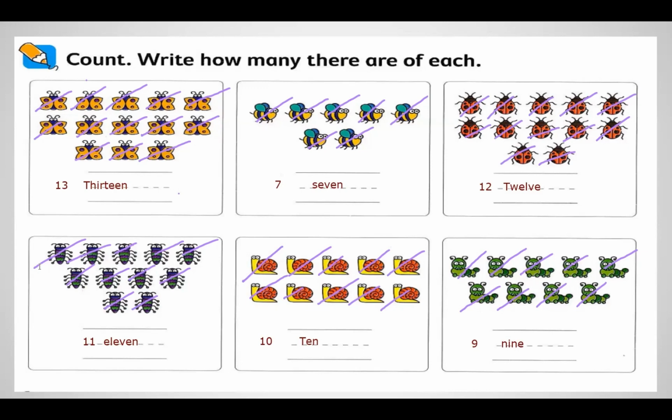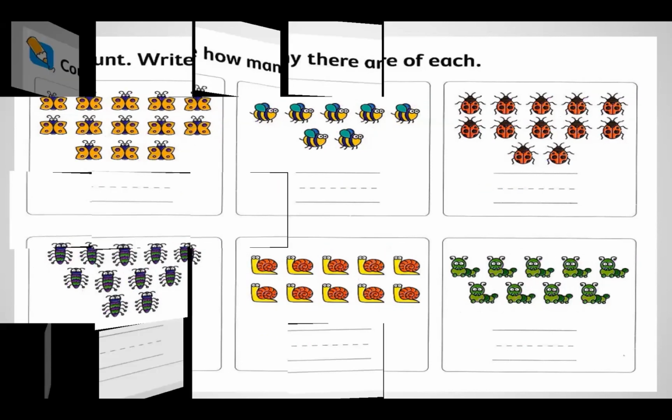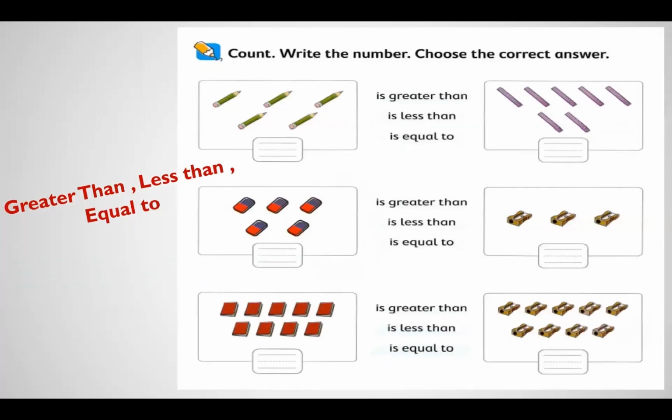Let's move to the second slide. Here we have 3 words: greater than, less than, and equal to. Can you remember them? Yes. At first, we are going to count, then write the number and choose the correct answer.